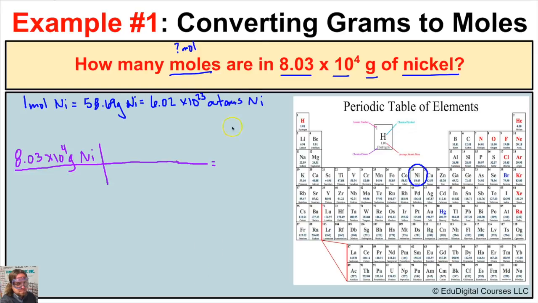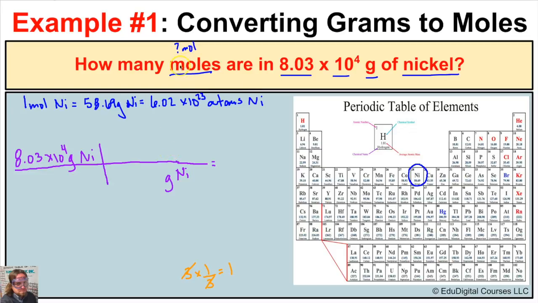For example, if we have 3 times 1 over 3, the 3 in the numerator and the 3 in the denominator can cancel out, and we end up with an answer of 1. Units can cancel out in the same fashion that numbers do. So if we want to cancel out grams of nickel here, we're going to have to put this in the denominator of our equivalent statement or fraction.